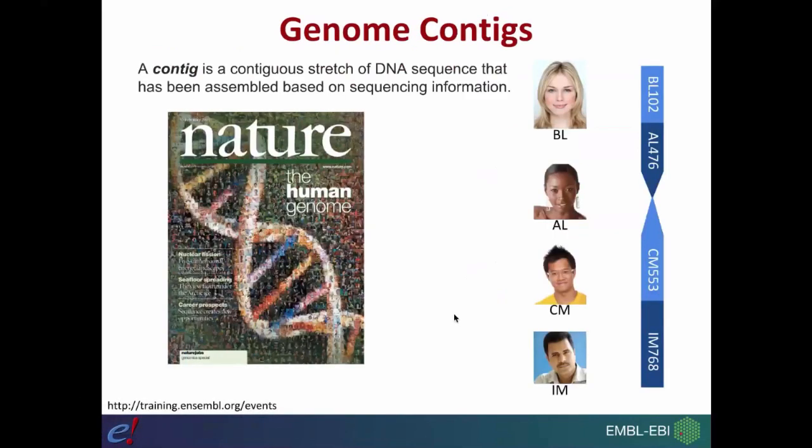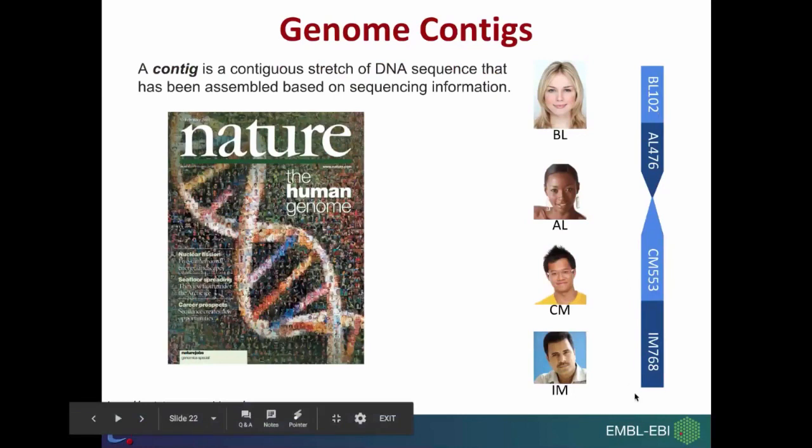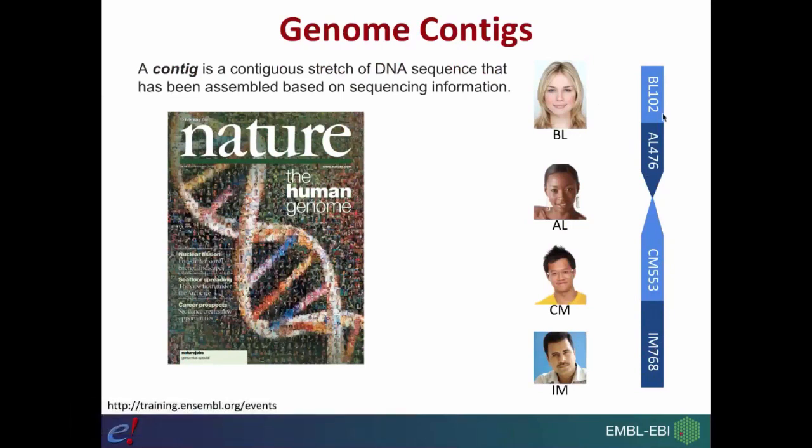Now, considering this, it's important to note that the human reference genome is actually not a genome of a single person. So in this example here, we have this chromosome on the right-hand side with 4 different contigs, and these 4 different contigs were actually derived from the DNA of 4 different people.